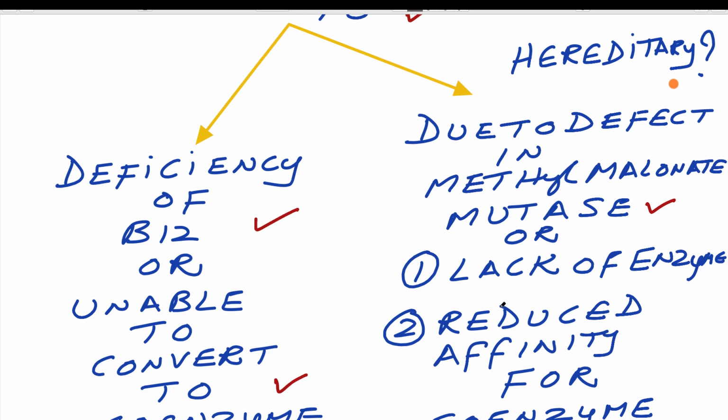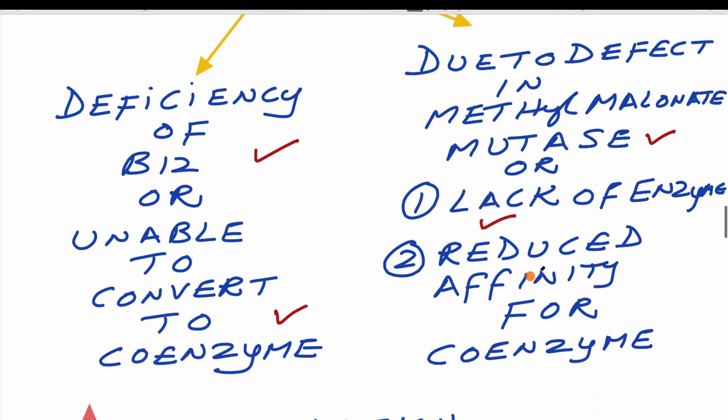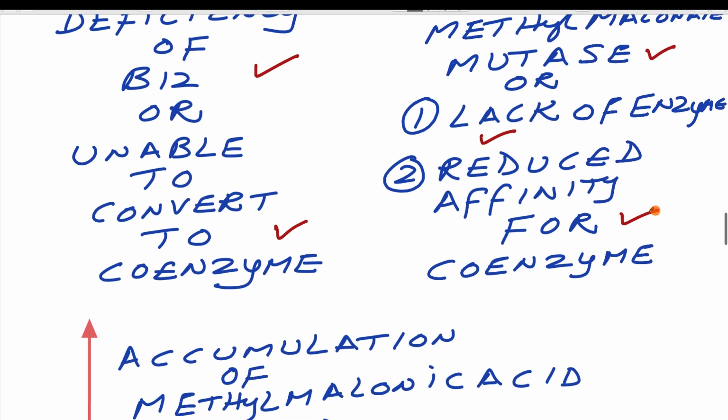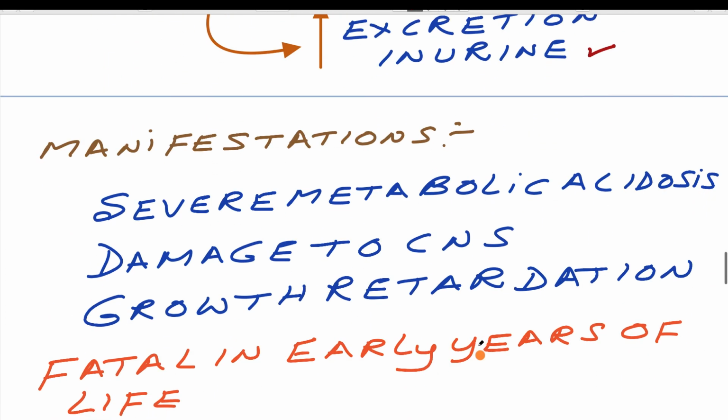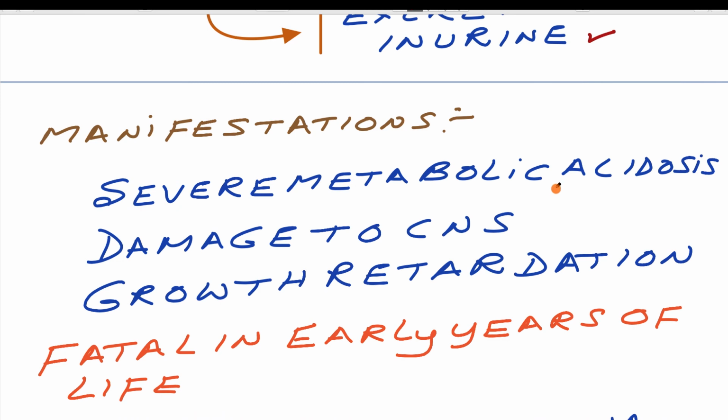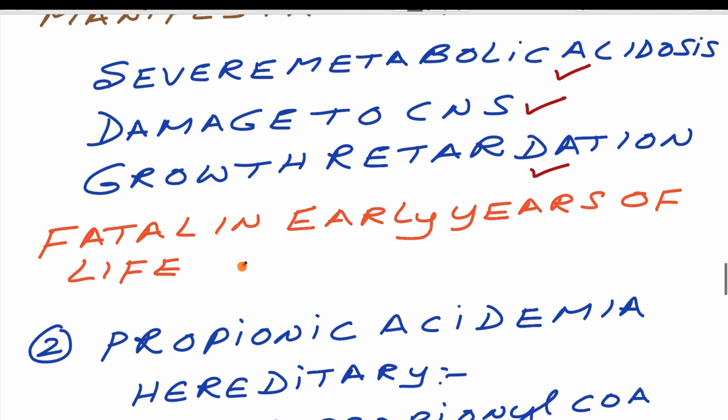There is a lack of enzyme or reduced affinity for coenzyme. What happens if there is accumulation of methylmalonic acid in the body? There is increased excretion in urine. We call it methylmalonic aciduria. The manifestations are severe metabolic acidosis, damage to CNS, growth retardation. It is fatal in early years of life.